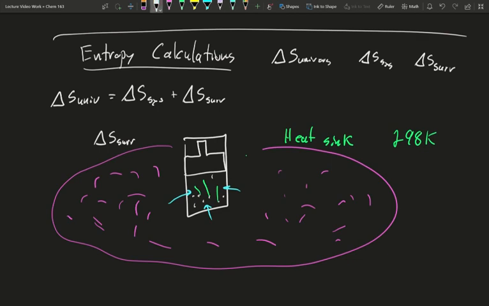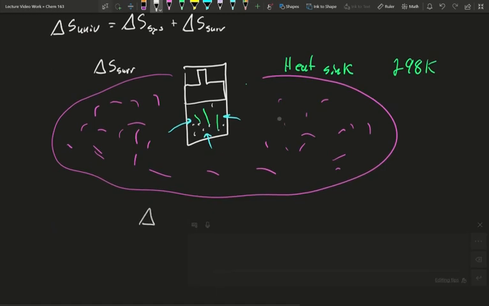The net effect is that the delta S of the surroundings ends up being equal to the negative delta H of whatever reaction we're performing over the temperature. This will be true not just for gases expanding, but for chemical reactions and the like.